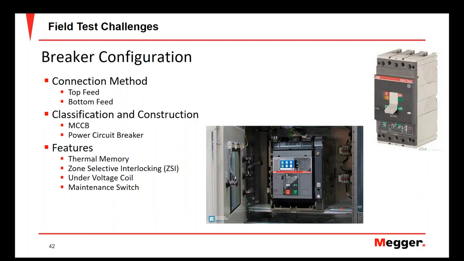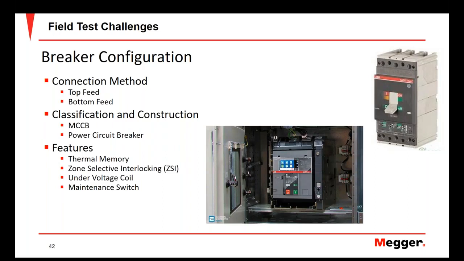Additionally, we have to consider the features that we discussed earlier. One of the ones that we didn't mention earlier was thermal memory. What thermal memory is, when you repeatedly trip a circuit breaker, the breaker will heat up and it has that thermal function. And that thermal function has to be allowed to reset or cool down before you perform another function or another test on the breaker.